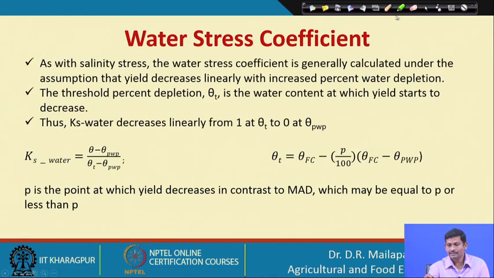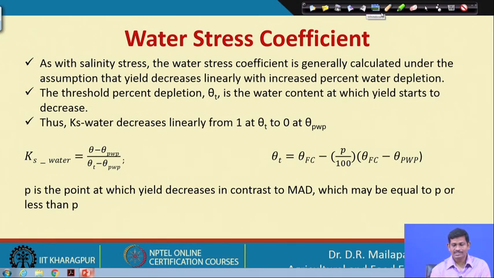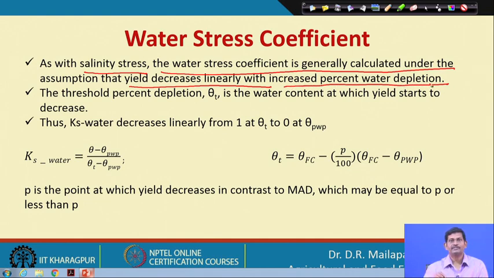Then, as I mentioned, the water stress coefficient, like the salinity stress, is generally calculated under the assumption that yield decreases linearly with the increased percentage of water depletion. Similar to salinity stress, the water stress coefficient directly depends on the amount of water relative to field capacity, or available water.